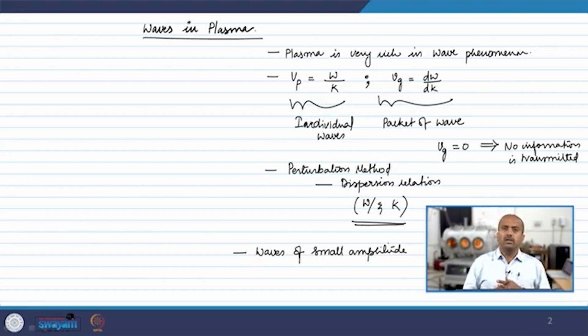We will figure out what are the variables which can be influenced by the passage of these waves. We will perturb those variables, substitute them into the governing equations, solve the simultaneous equations and then obtain a dispersion relation. This is the basic procedure that we generally follow when using the linear perturbation theory. Perturbation theory also has a limitation: the perturbed variables are always very small in comparison to the regular or background variables. Okay.